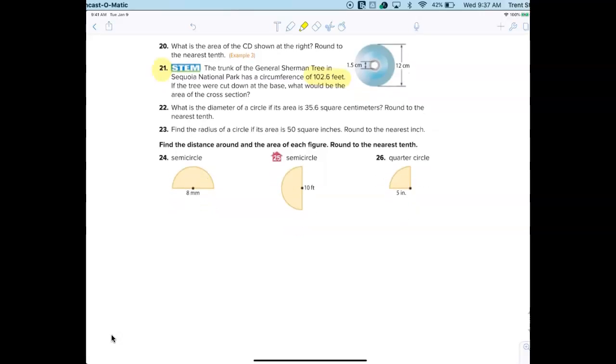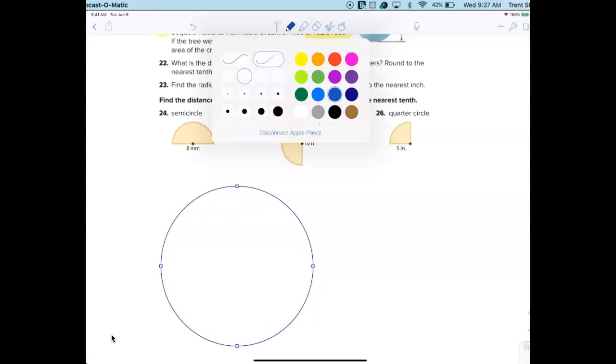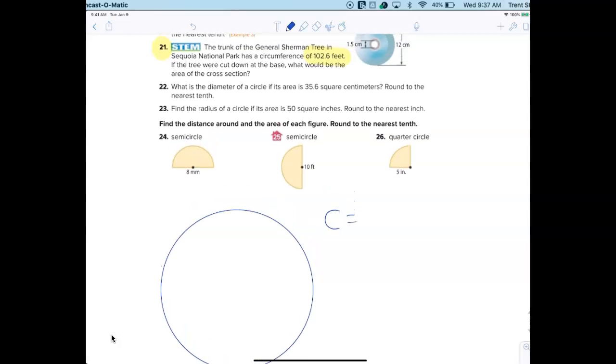So essentially, here's what they're asking. You have a huge tree, they cut it down, and then they look at this cross section. The circumference of this guy was 102.6 feet. Now, what does circumference mean again?